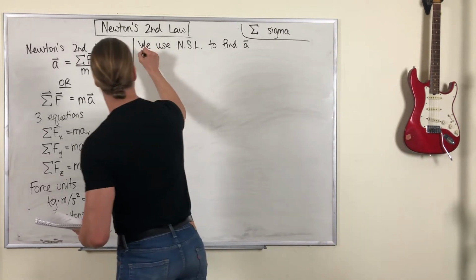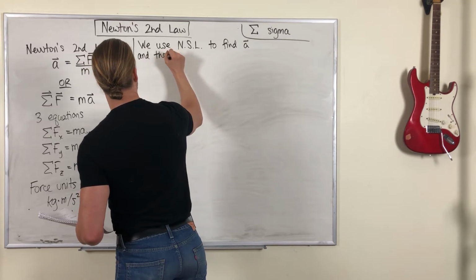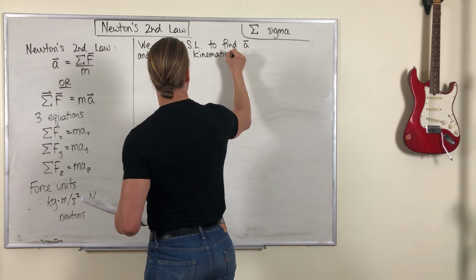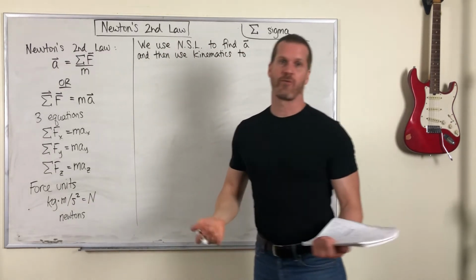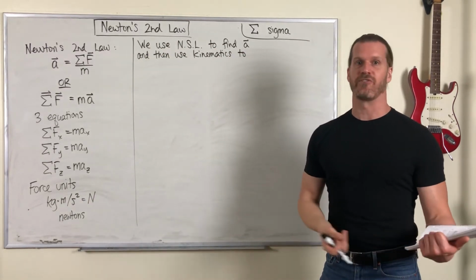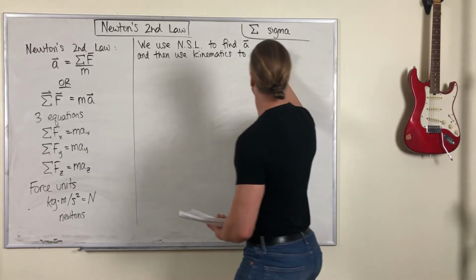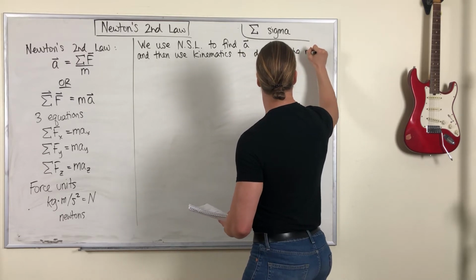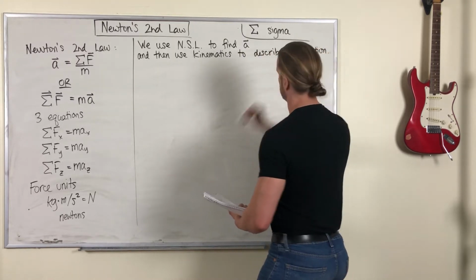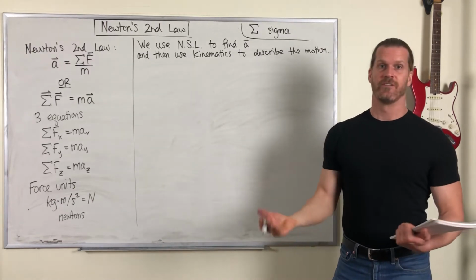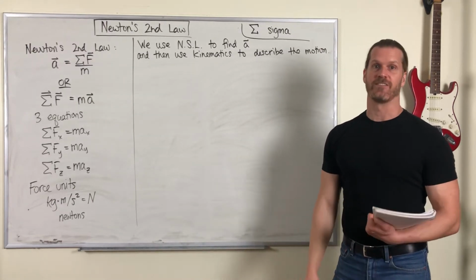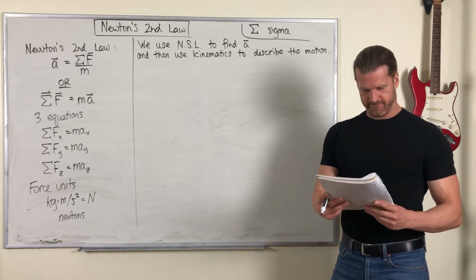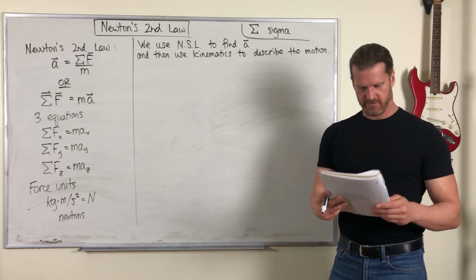And then use kinematics to describe the motion, find the position and velocity. So these two tools work in tandem to fully describe motion. So let me give you a few examples.